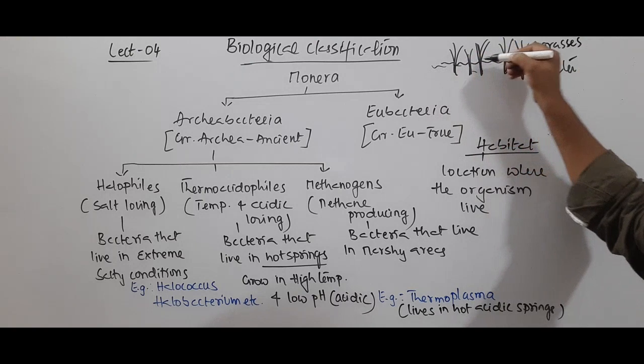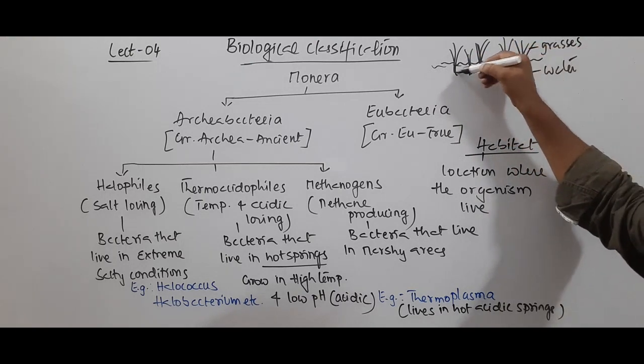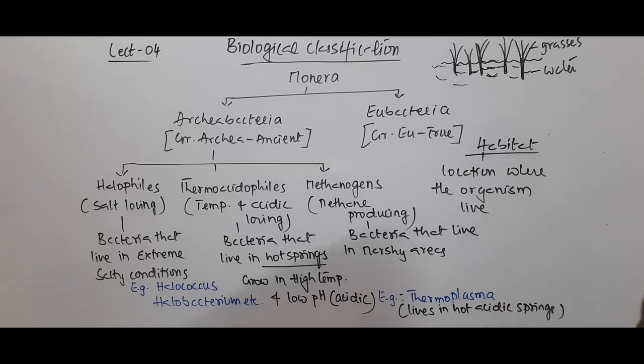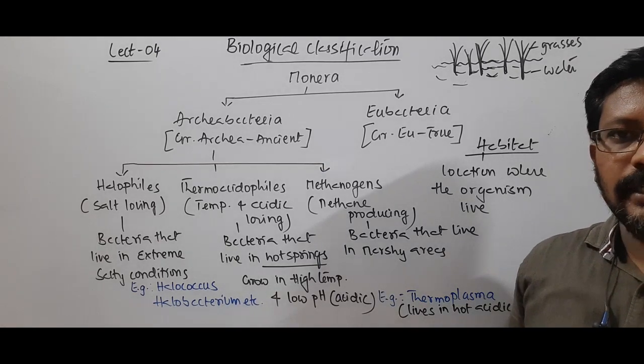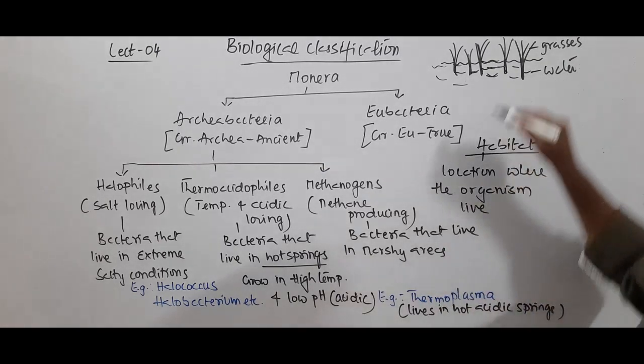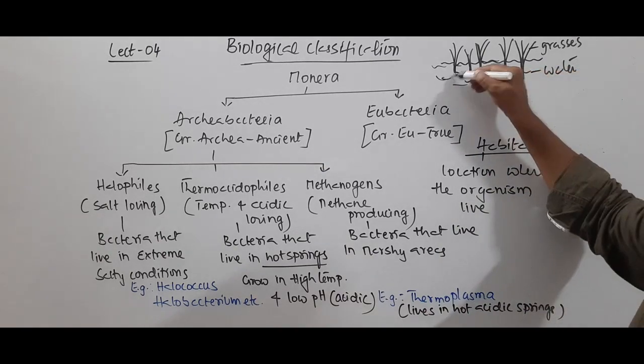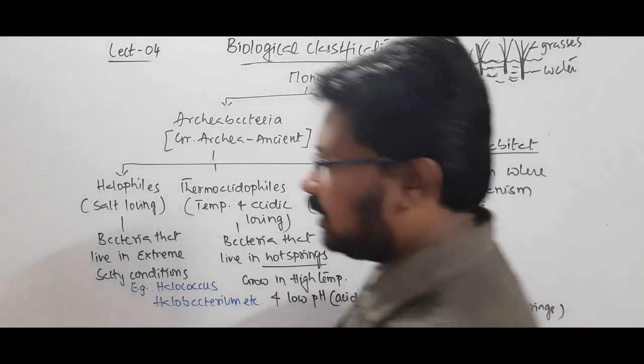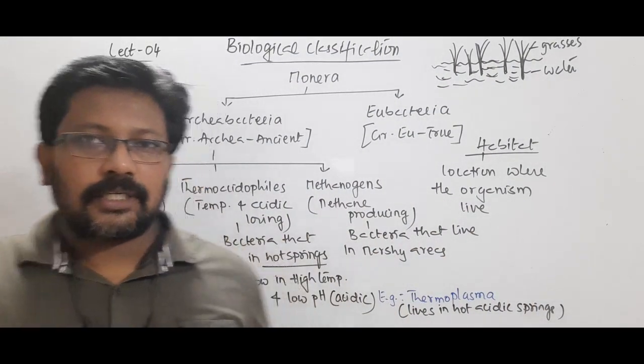All the time, the water will be present. So a marshy area is a wetland. And in these areas you will see the methanogens present, where they will be producing methane gas.